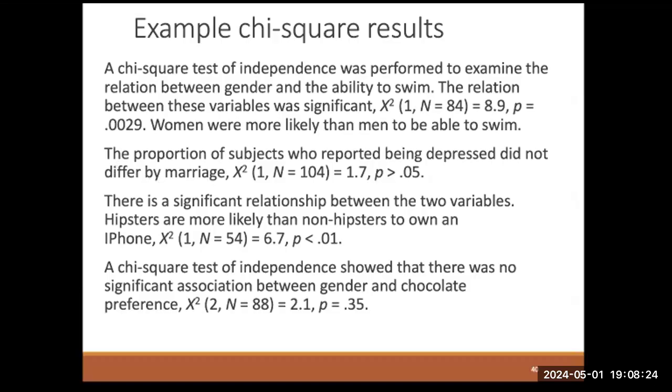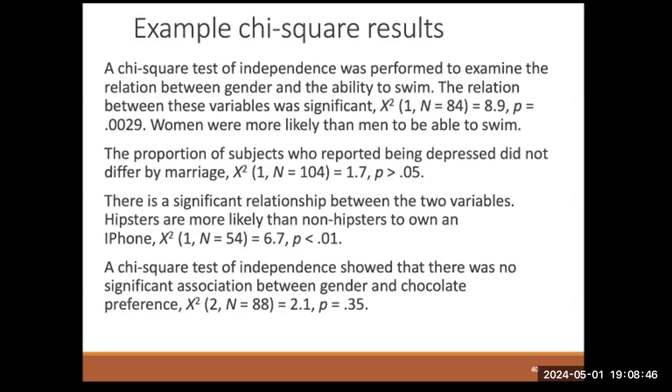Again, see the first example, the actual p-value is given, which is fine, p equals 0.0029. Here the researchers really wanted to emphasize how low the p-value was. So they were very confident that the difference they found, that women were more likely than men to be able to swim, did not happen by chance.